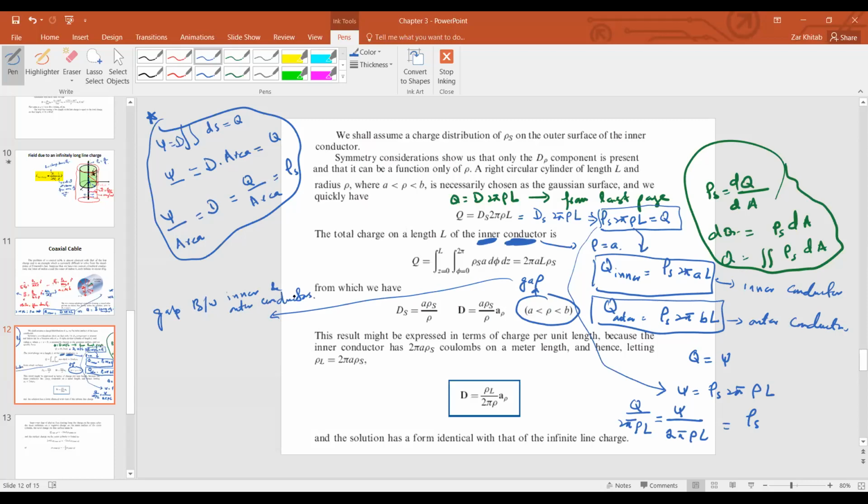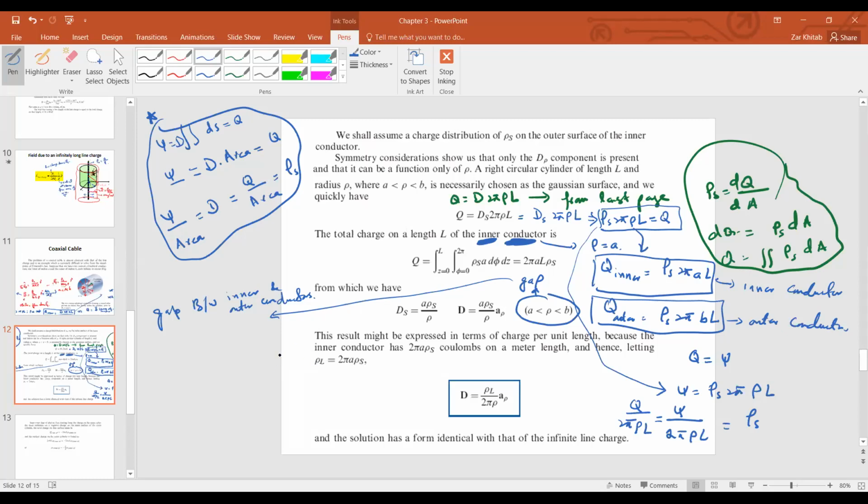Okay, inner and outer conductors. A little bit of mathematics, and you can see many things in this equation. Okay, any question here? No, sir.